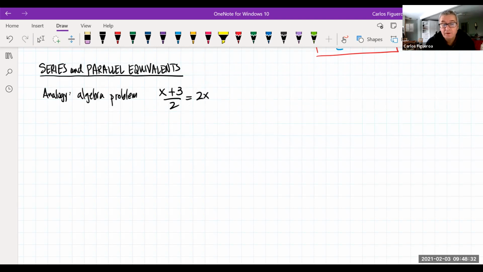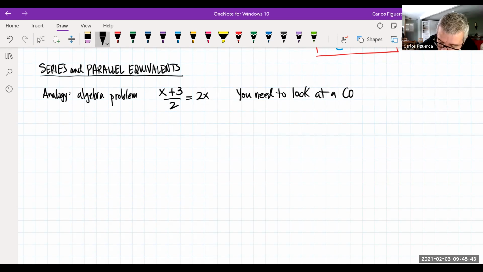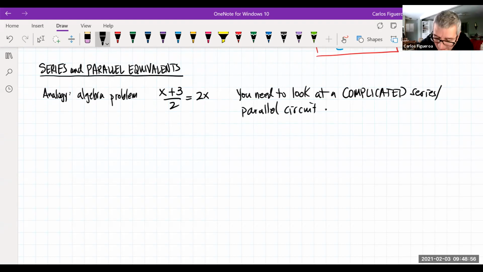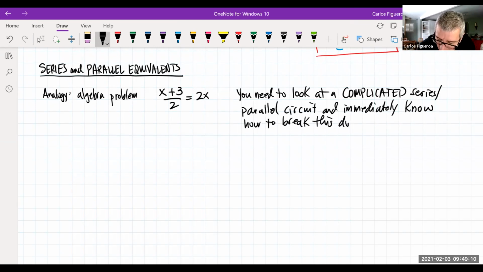What I need you to do in this chapter is look at a complicated series and parallel circuit and immediately know how to break this down.